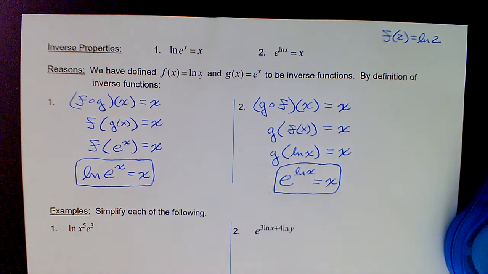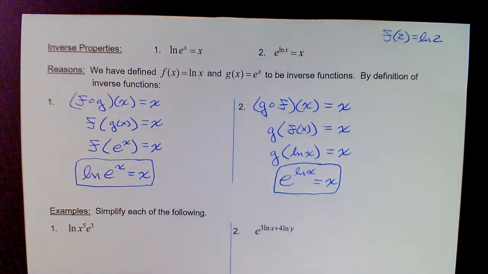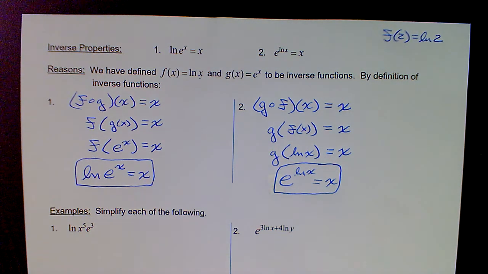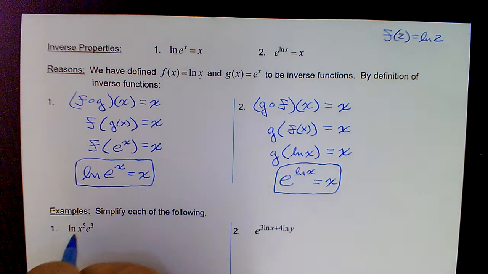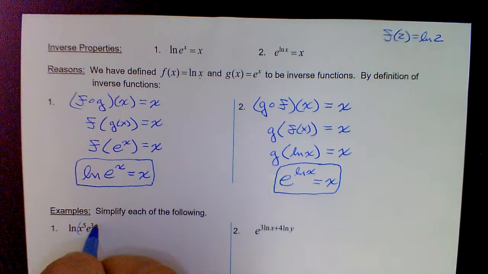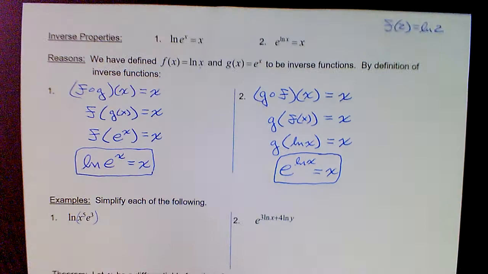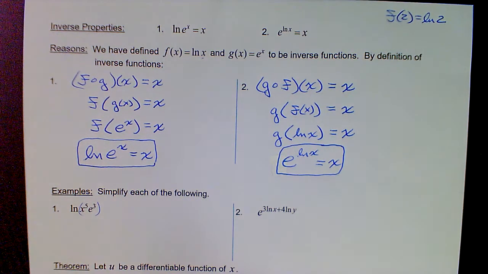Okay, so here's a couple examples of simplifying. Whenever you see e and ln hanging around together, you know something's going on with these inverse properties. Here it says to simplify. Now the first question, it's understood that the argument that belongs to the natural log is x to the 5th e cubed.